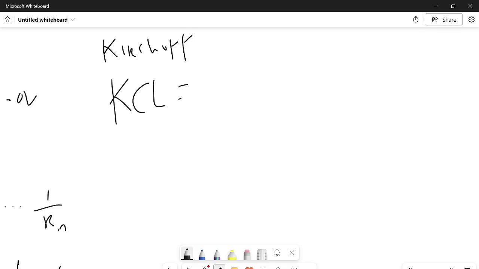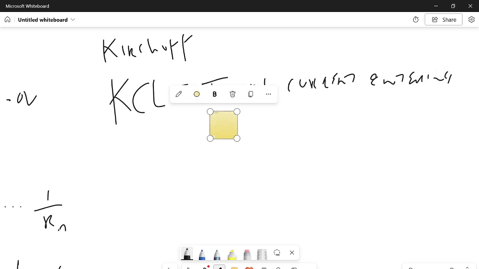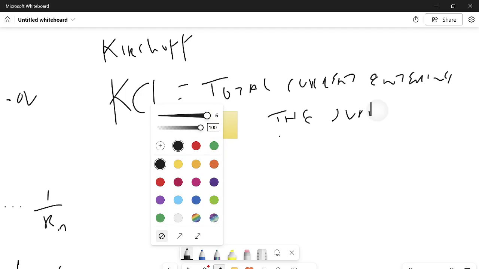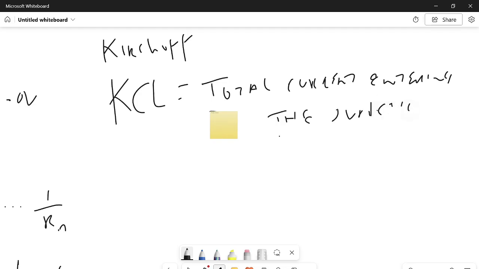And it means the total current entering the junction. Why is it thin again? I liked it when it was big. Okay, let's just increase the brightness.